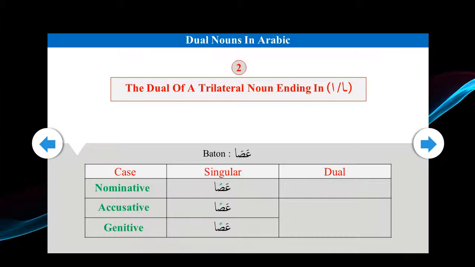So we will have عصا in all three cases: nominative, accusative, and genitive.